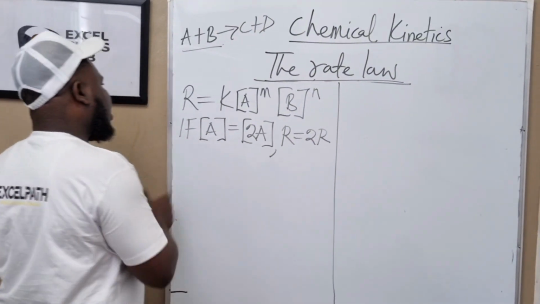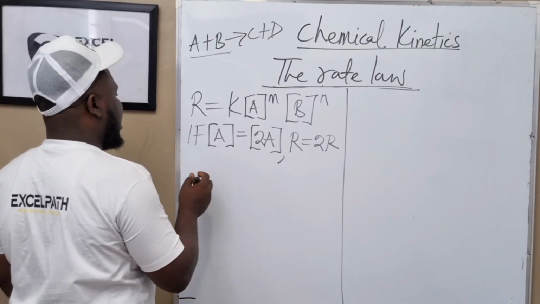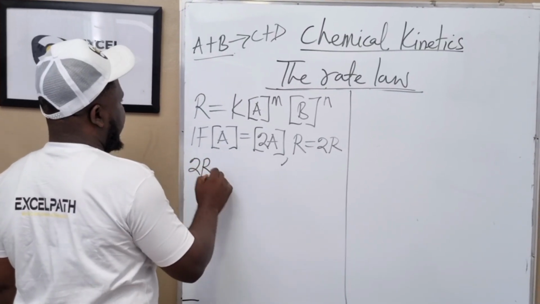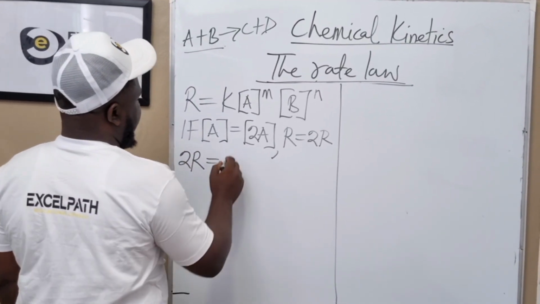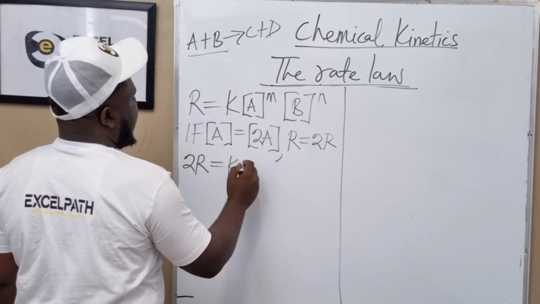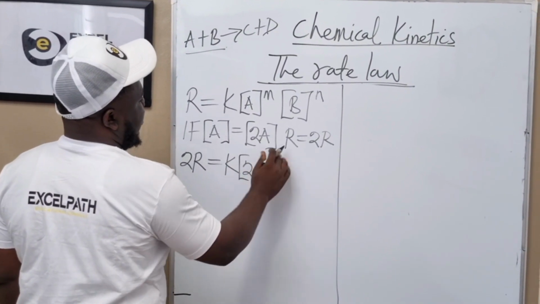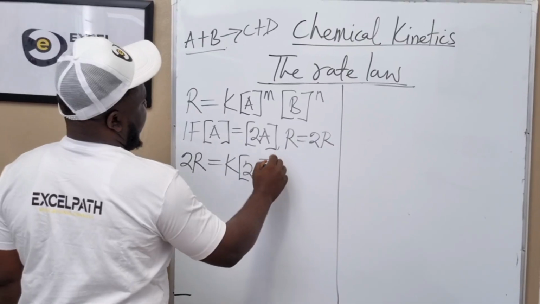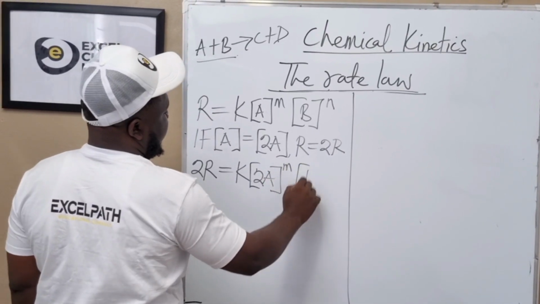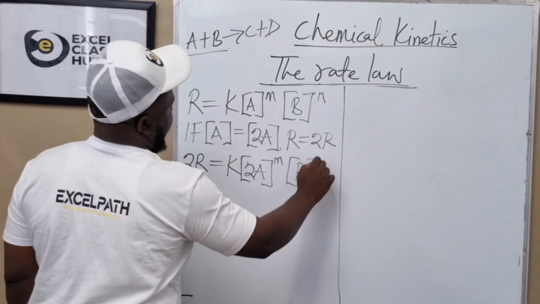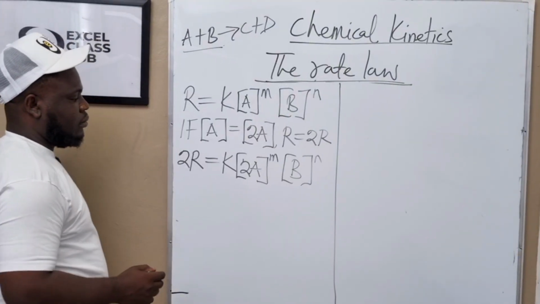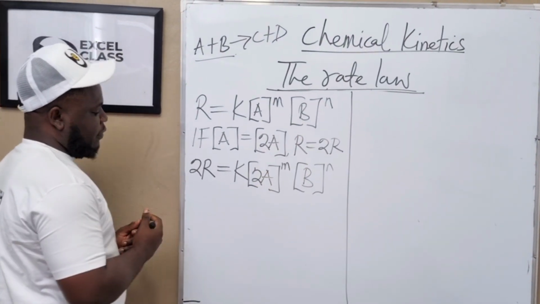So in our rate law expression now, instead of writing R, we write 2R is equal to K. Then instead of writing A, we write 2A, raised to power M. Then we write B raised to power N. So let's simplify further.